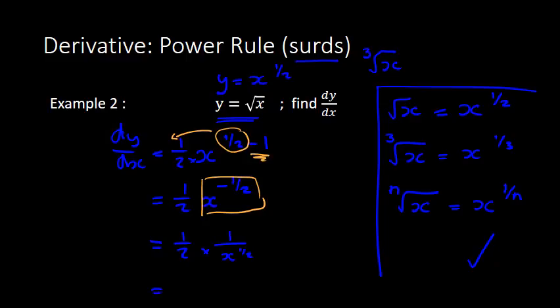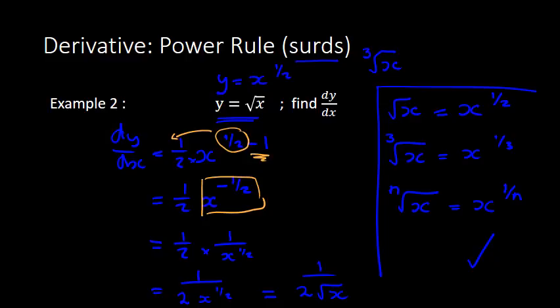So in this case here we have 1 over 2 by x to the power of a half, multiplying fractions, and that can be simplified then back into surd form if you wish. Probably a good way to go, and we get an answer like that.